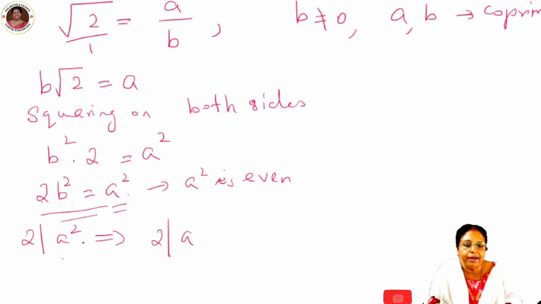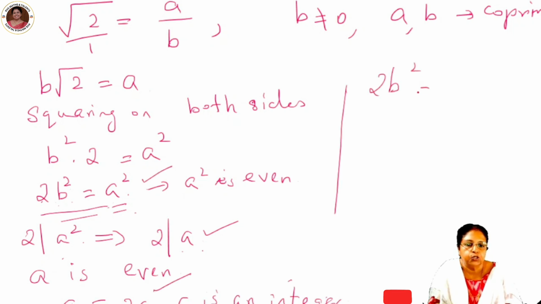That means 2 divides a square implies 2 divides a. That means a is also even, or you can say 2 is a factor of a. 2 divides a. That means you can write a equal to 2c, where c is an integer.